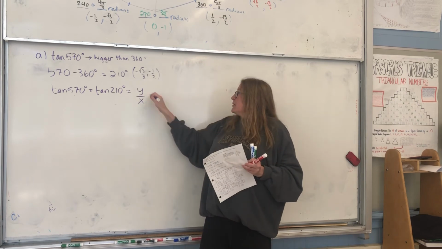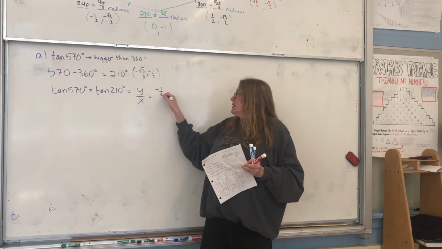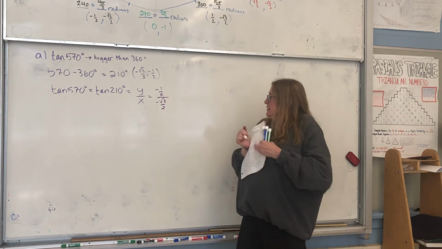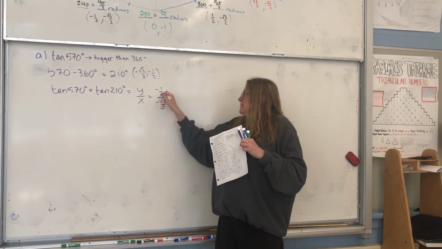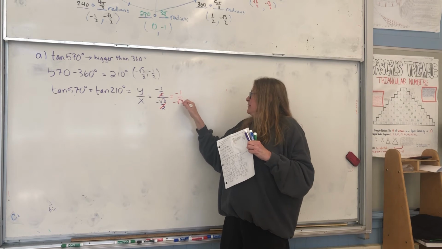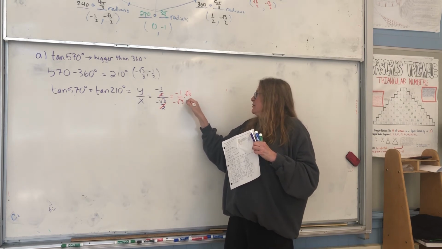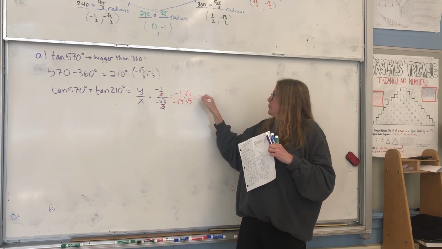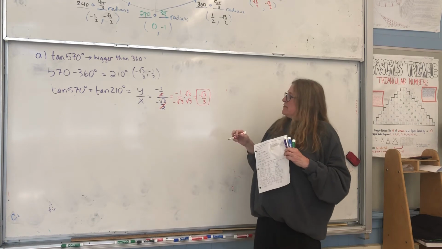So the y-coordinate is -1/2, and the x-coordinate is -√3 over 2. So if I reduce that, that gives me -1 over -√3. Right? And I know here I have to multiply by √3 over √3, and that gives me √3 over 3. So that's the tangent of 570.